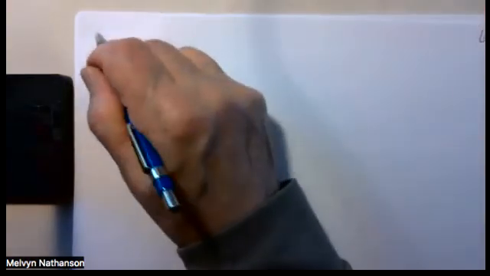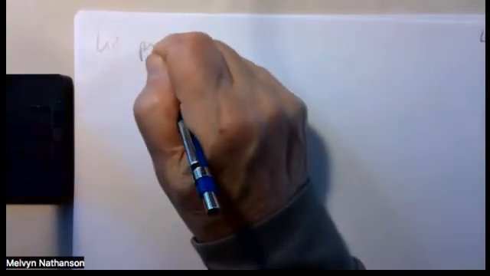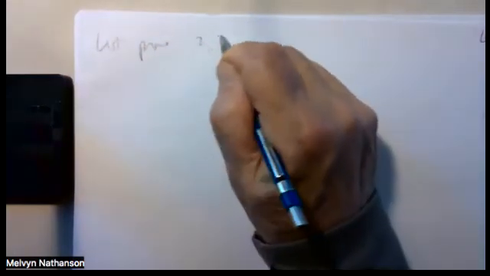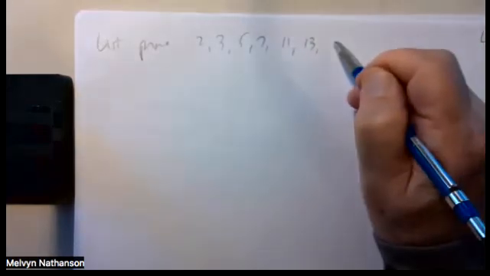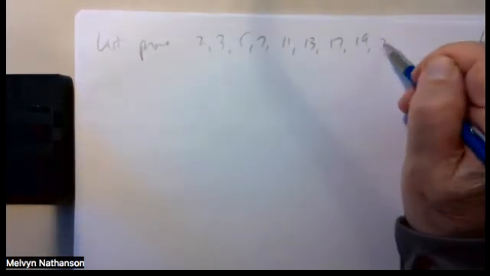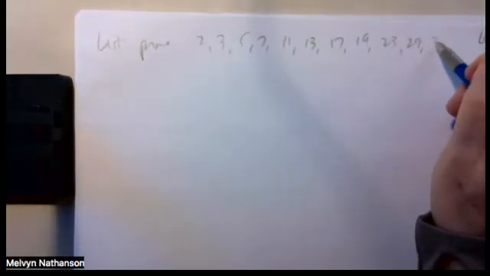So we can start to list the primes. It's a lot of fun to try and find primes. And it's a natural question to ask whether this list stops after some finite number of steps or whether it goes on forever.